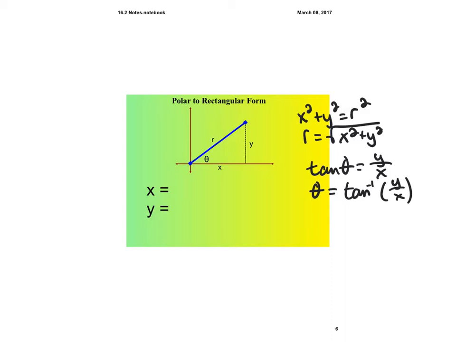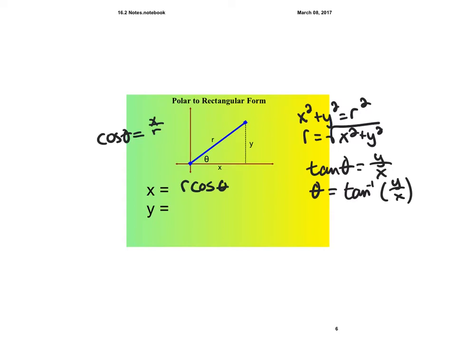Okay, the new ones that we're going to do today: we're going to try to convert x's into r's and y's into r's. Well, how are we going to do that? I'm going to write an equation that has to do with x's and r's. So let's write it in terms of cosine. Cosine of theta is equal to adjacent over hypotenuse, x over r. So there's an equation that has x's and r's. If I wanted to write this just in terms of x, you could say x is equal to r cosine theta.